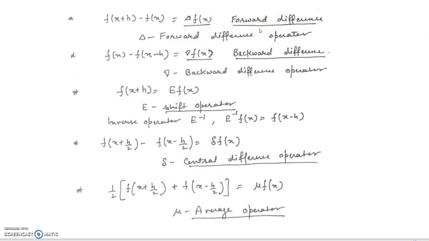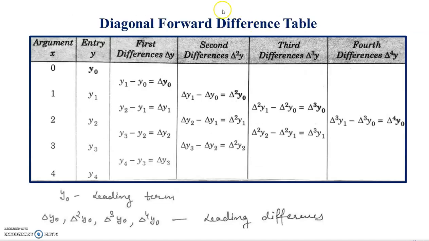Now we will study higher order forward differences in this table, which is called the diagonal forward difference table. So let us consider arguments x as 0, 1, 2, 3 and 4. Here I am taking only 5 arguments; you can take more than 5 also.